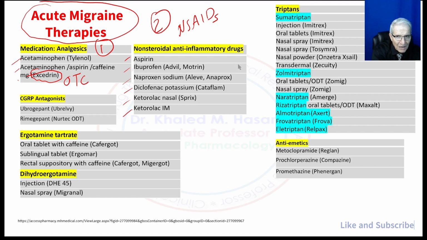So we have a list of medications that could be used for acute migraine therapy. Start from Tylenol, moving to the NSAIDs. Then we have CGRP antagonists, ergotamine, dihydroergotamine, triptans: sumatriptan, zolmitriptan, almotriptan, rizatriptan. If the patient suffers from nausea and vomiting, we can go with the antiemetic medication.